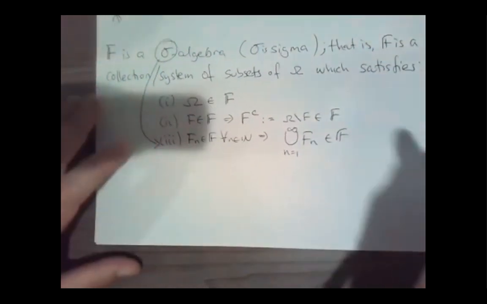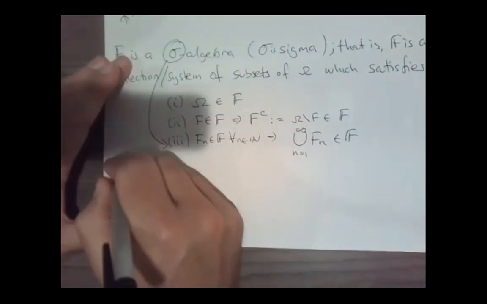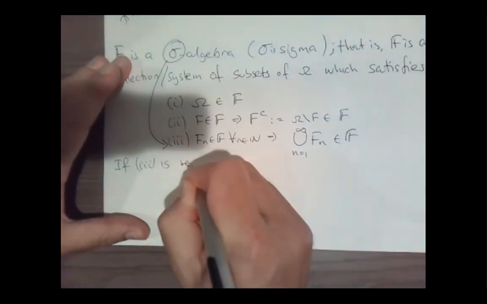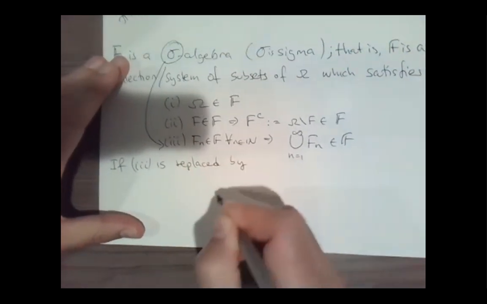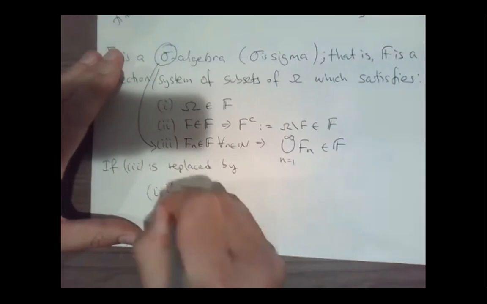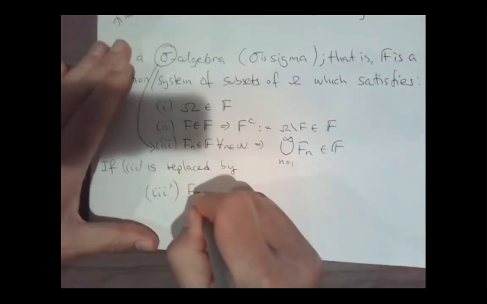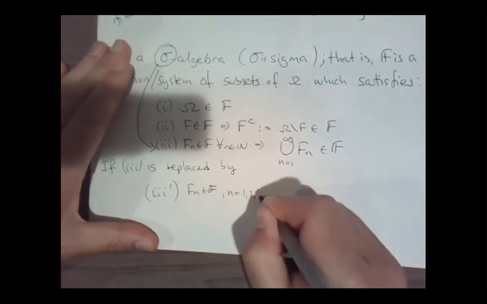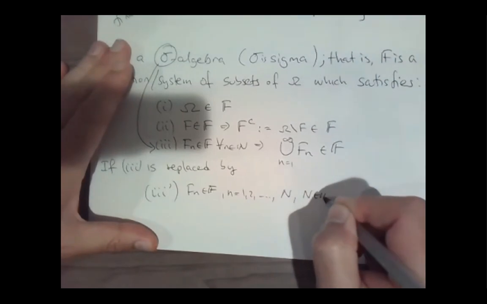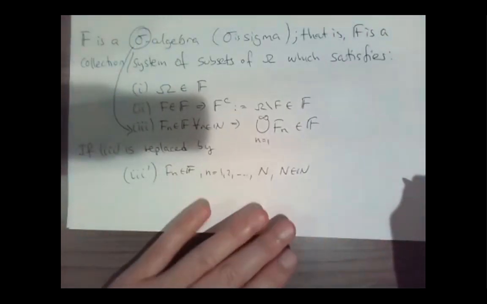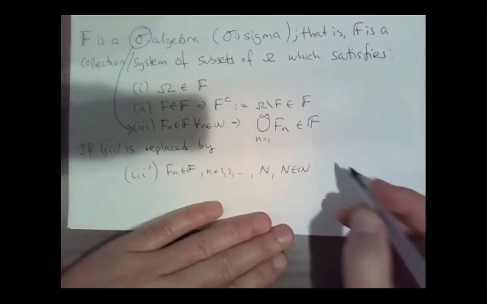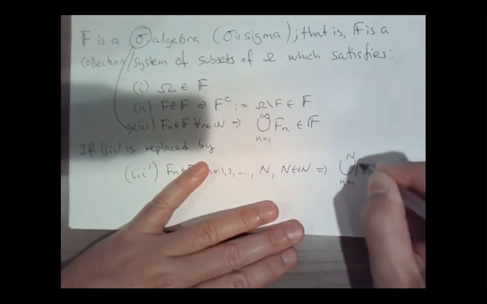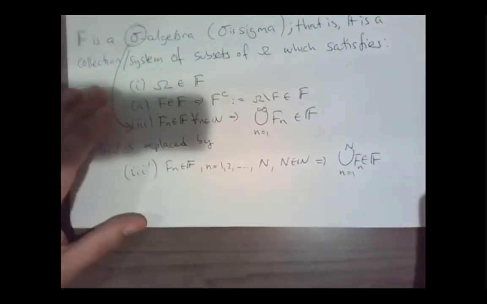If 3 is replaced by, maybe we should call it 3 prime, meaning that Fn belongs to F for n being 1, 2, up to n, where n is a natural number, so I will do finitely many subsets, then the finite union belongs to F as well.